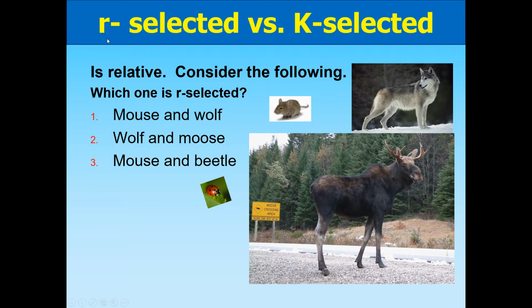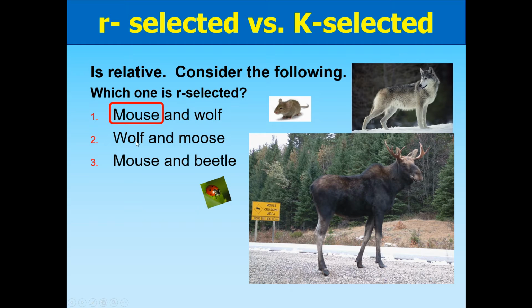Now, when we're comparing R and K selected, it's relative, so it depends which ones you are comparing. Consider the following, which is R selected, a mouse or a wolf? Well, mice are smaller and they have more offspring, so in this comparison, the mouse is the R selected species. How about between wolf and moose?